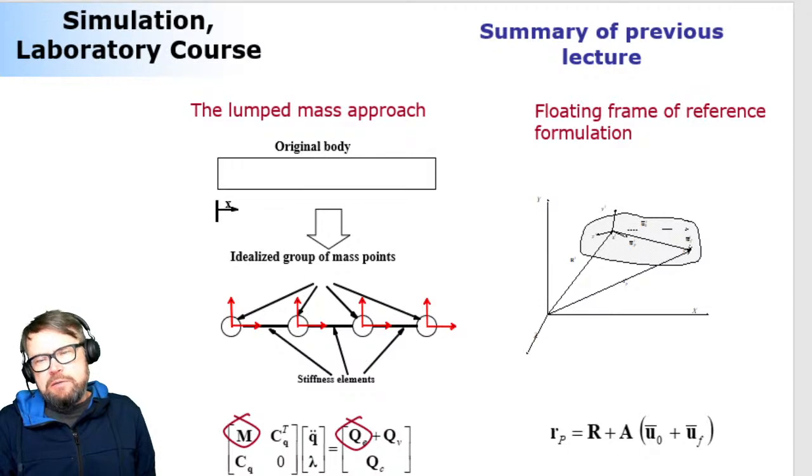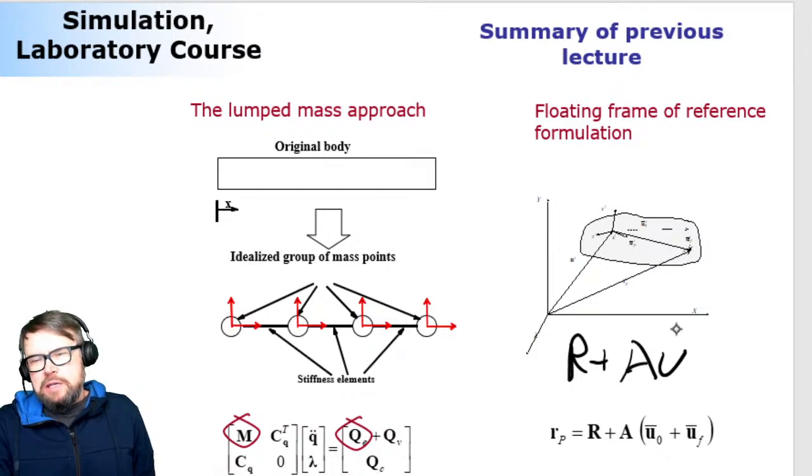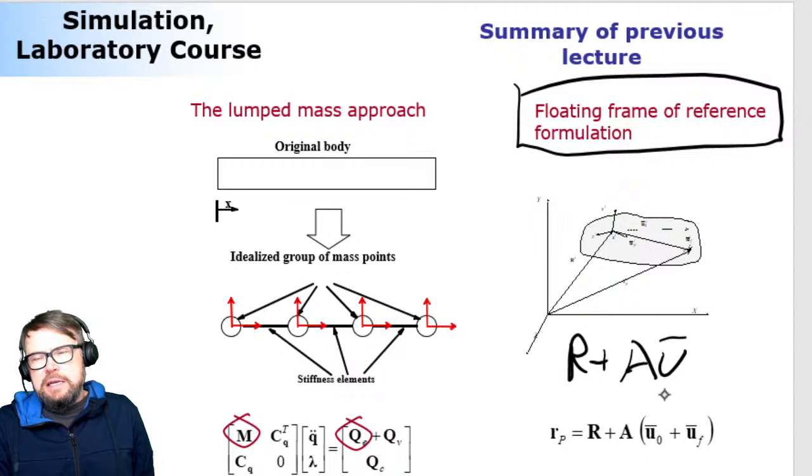In the kinematics of a rigid body, we are used to dealing with this equation, where we have first the translation of the body reference coordinate system, the rotation of the body reference coordinate system, and the vector u bar, which is assumed to be constant. Now, what we will do in a floating frame reference formulation is leave this assumption of u bar being constant.